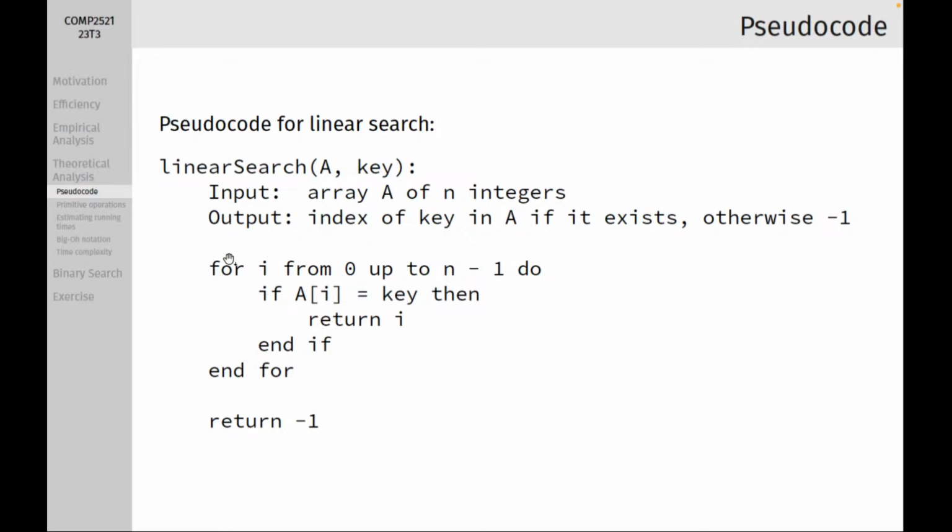This obviously indicates a for loop: for i from 0 up to n-1, and "do" is just part of the pseudocode. Then we have an if statement: if a at index i is equal to key, then return i, and otherwise, at the end, return -1.